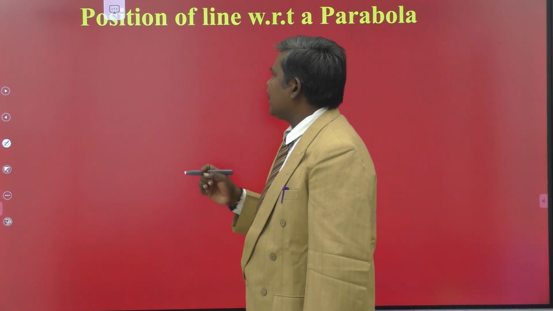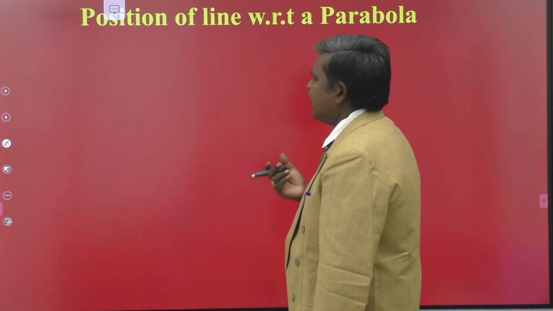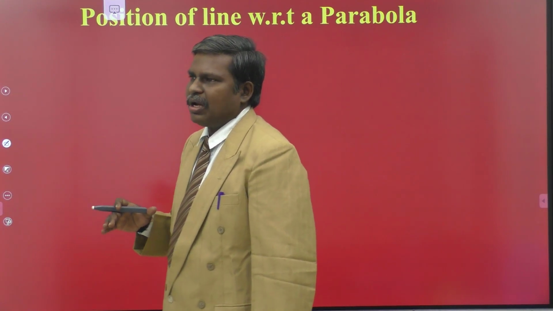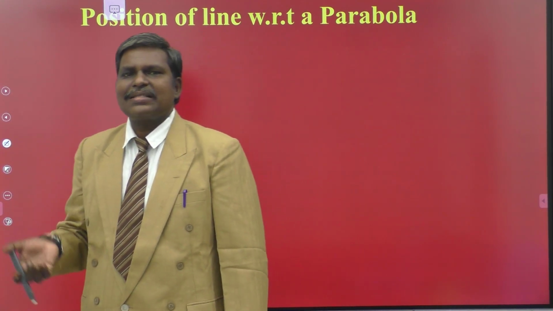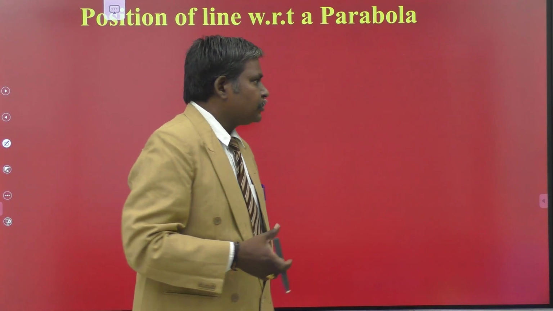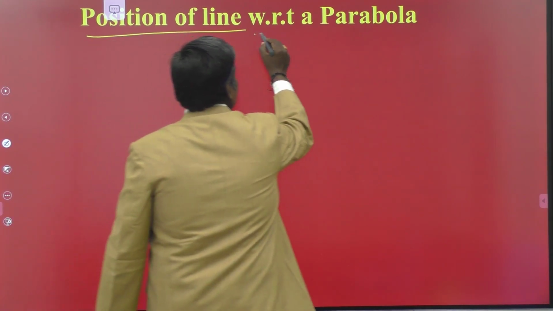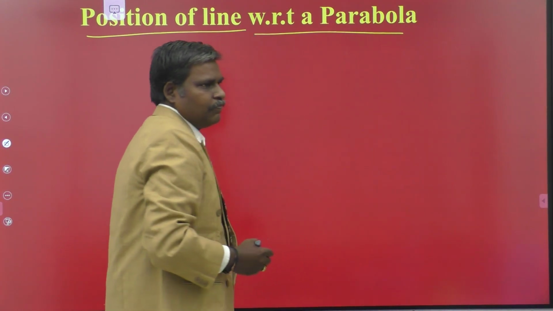Now in the same manner, is there any condition for the given line to be outside the parabola, touch the parabola, or intersect the parabola? That is why we call this position of line with respect to a parabola.